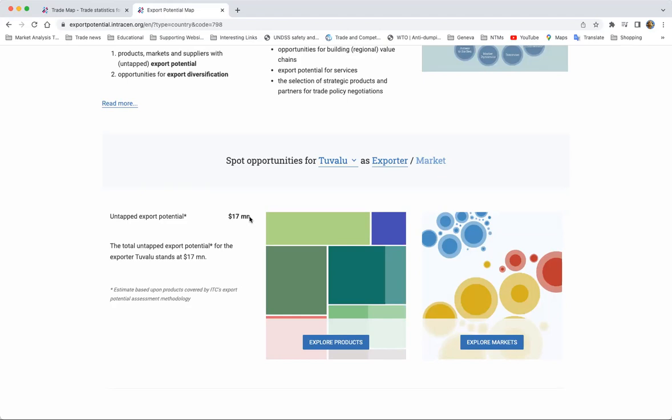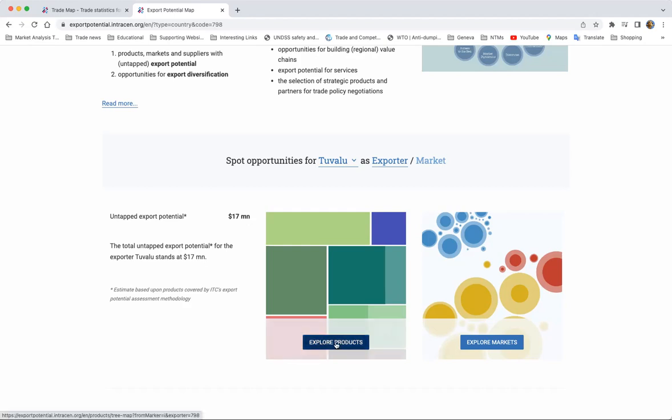Also, a very important thing to note is that this is a projection for the next five years. It actually has just been updated last week. So this one is a projection for the next five years until 2027. It shows what could be realized for Tuvalu as an exporter if all barriers are removed and all positive factors can be taken into account.